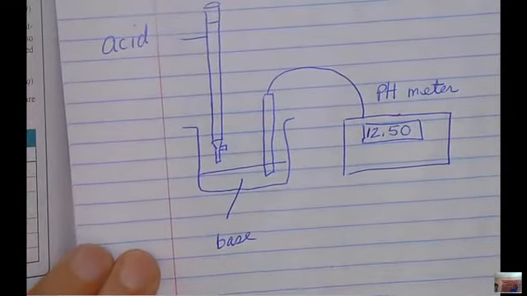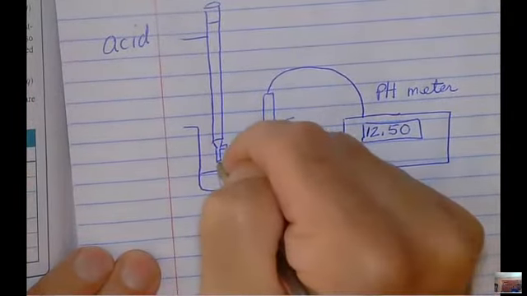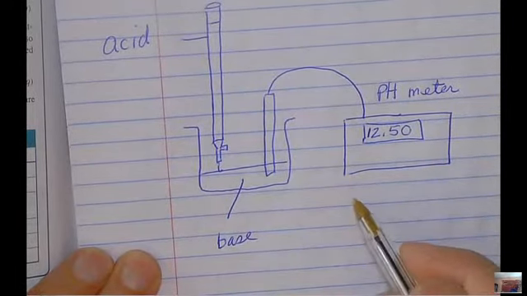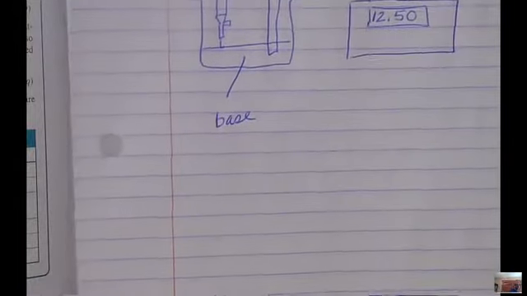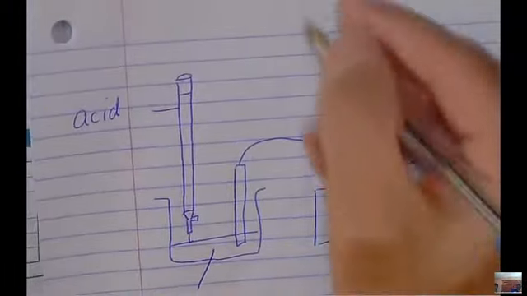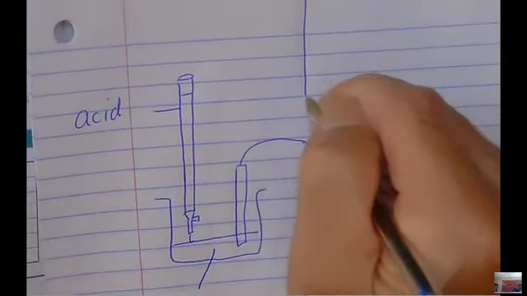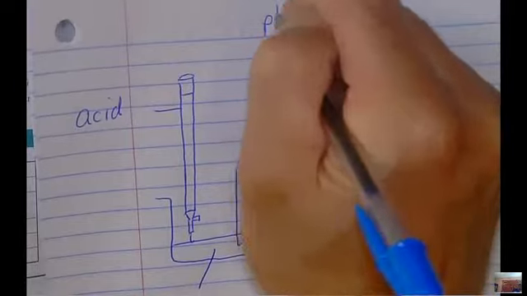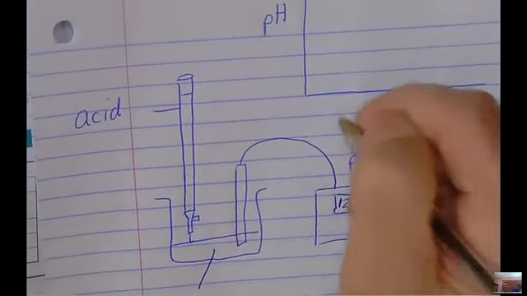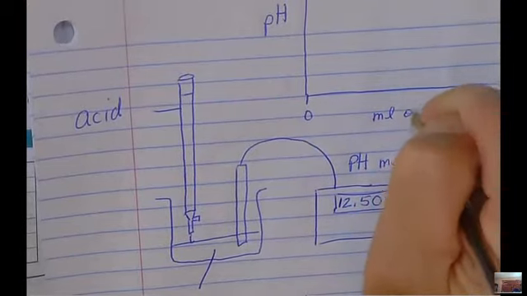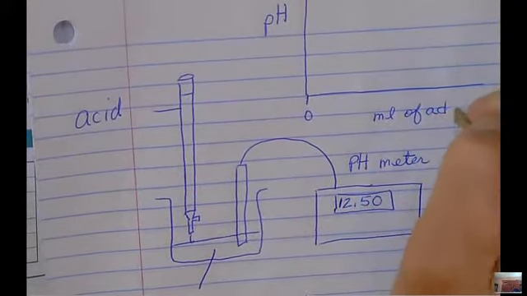And what I'm going to do is open the stopcock, add a little bit of the known acid, read the pH meter, add a little bit more, read the pH meter, add a little bit more. What you'll start to see is a profile that looks like this. So what we want to do is be looking at how does the pH change versus the number of milliliters of acid added.